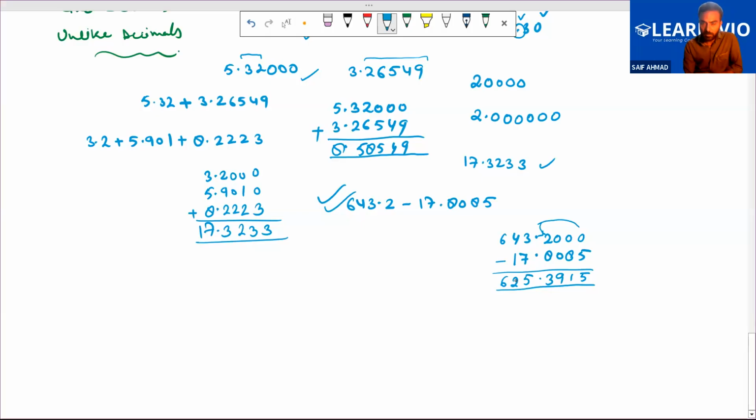Okay. Next one. Understood? Now we are converting fractions to decimals.